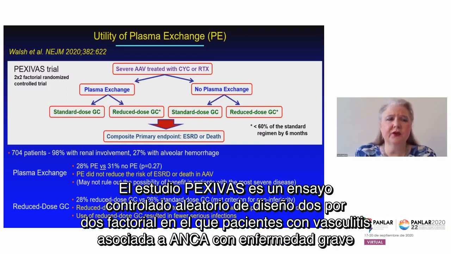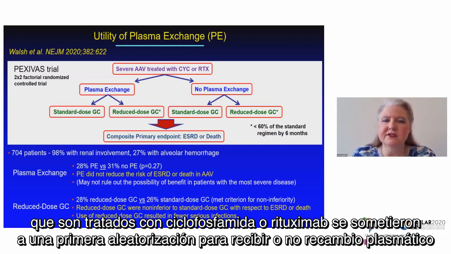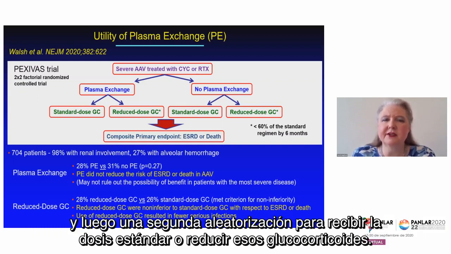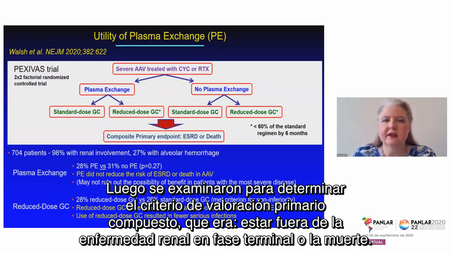The PEXAVAS trial is a 2x2 factorial design randomized controlled trial in which patients with ANCA-associated vasculitis with severe disease who were treated with cyclophosphamide or rituximab underwent a first randomization to either receive or not receive plasma exchange, and then a second randomization to receive standard dose or reduced dose glucocorticoids. They were then examined for the composite primary endpoint, which was that of end-stage renal disease or death.